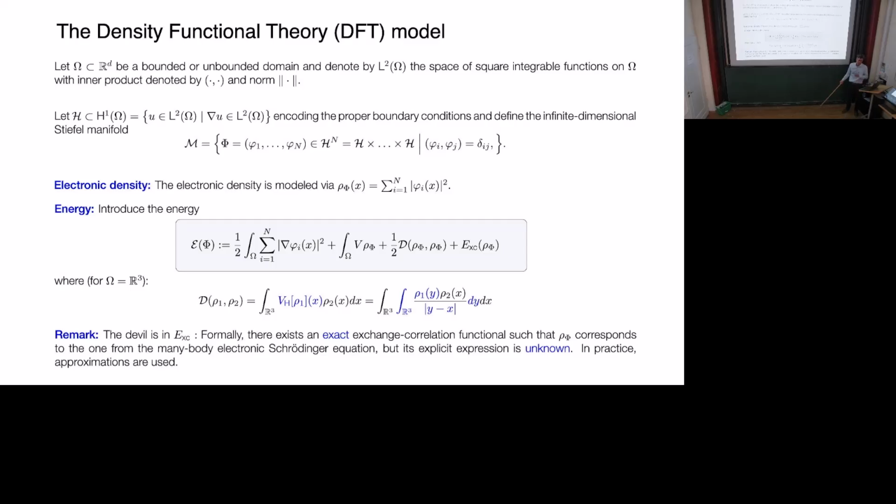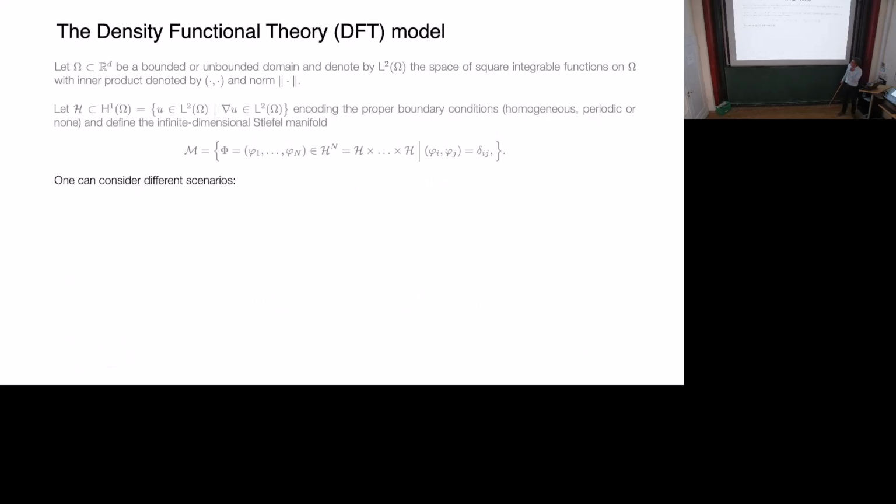But unfortunately, it's not a constructive proof. Its explicit expression is unknown. And there are many ansatzes and models that try to come up with good functionals. But it's very challenging to have a good model here.